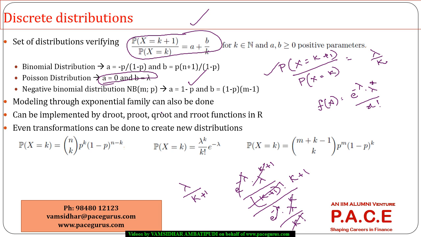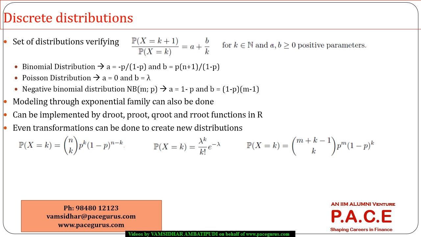Now, just like the R functions with the d, p, q and r prefixes for continuous distributions, we also have similar functions for discrete ones. We have dpois, ppois. Similarly, we have dbinom, rbinom, or even rnbinom, which is the negative binomial.